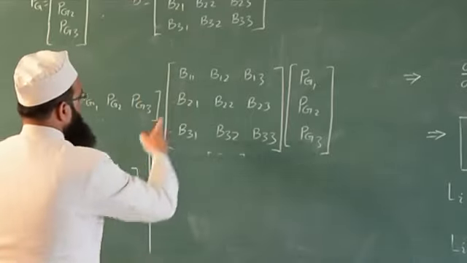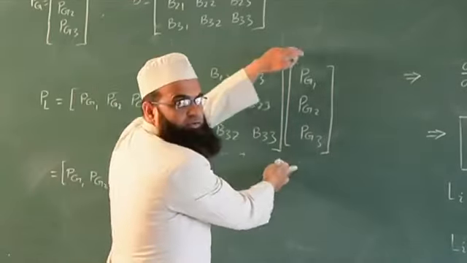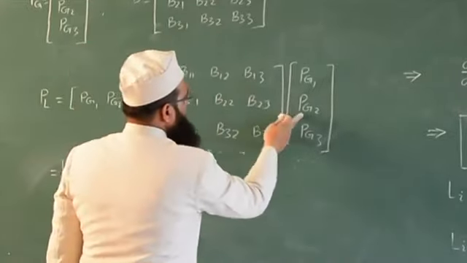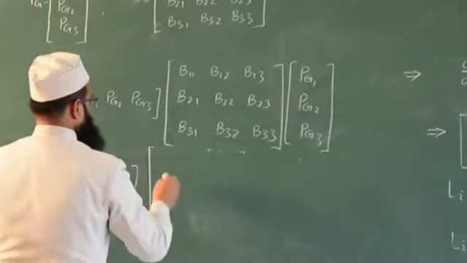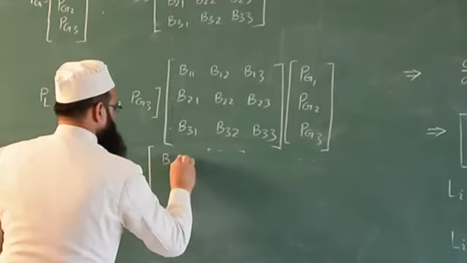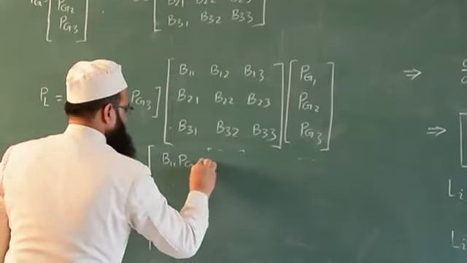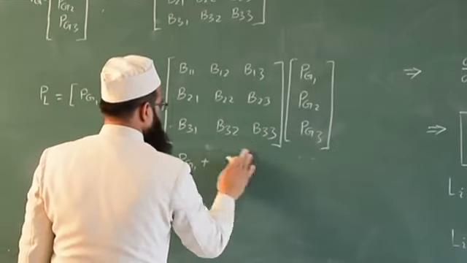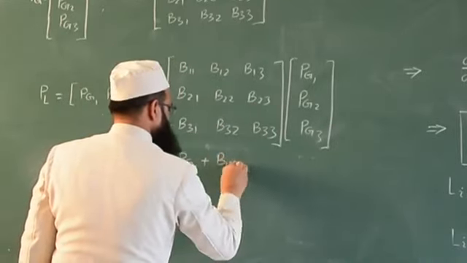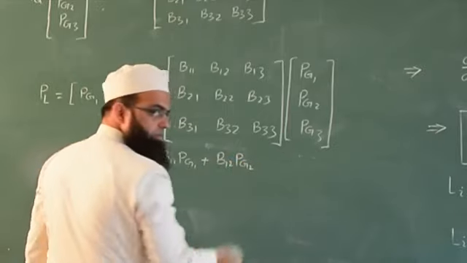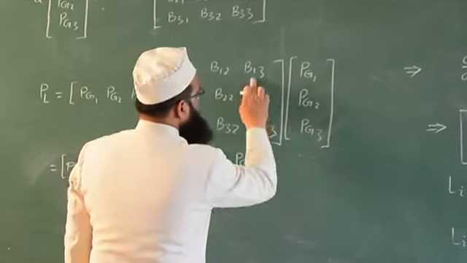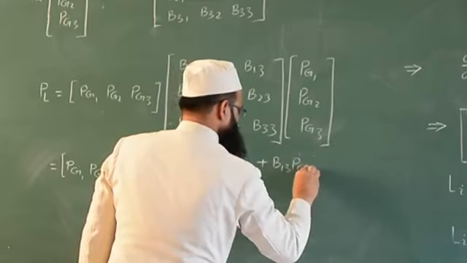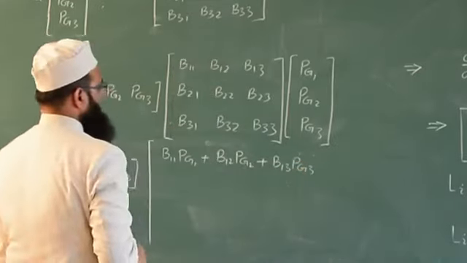So we may write B11 PG1, B12 PG2, B13 PG3 for the first row.